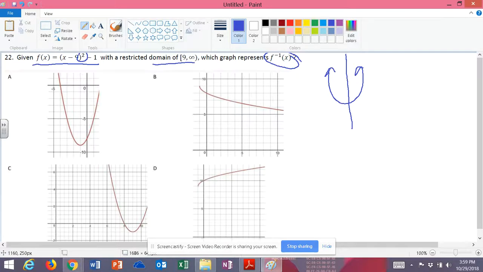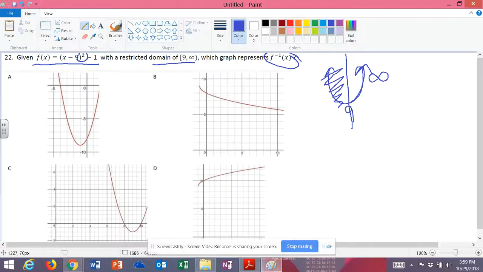And since our restricted domain is from 9 to infinity, that means we're using the positive part of the graph. So that means we're not using this. Okay. So the inverse is going to be a reflection of these points, of these points here.